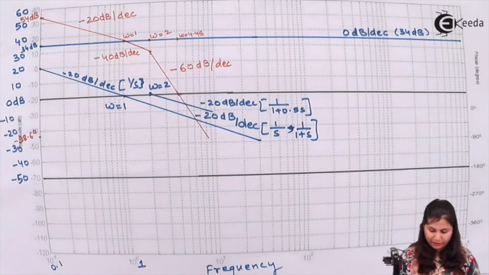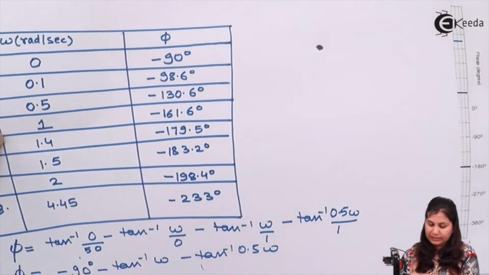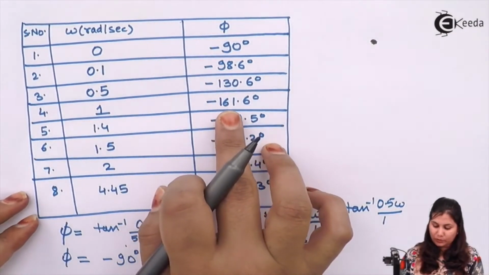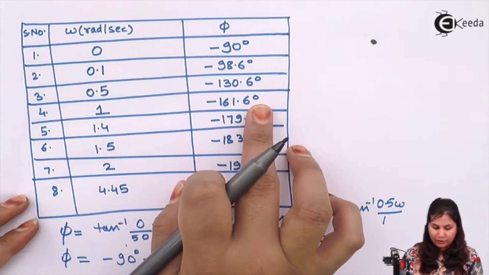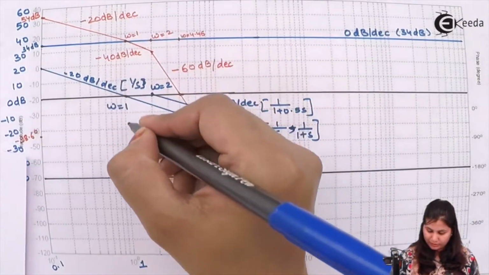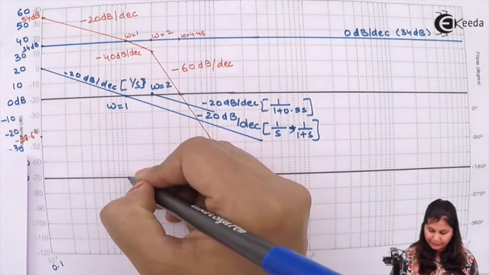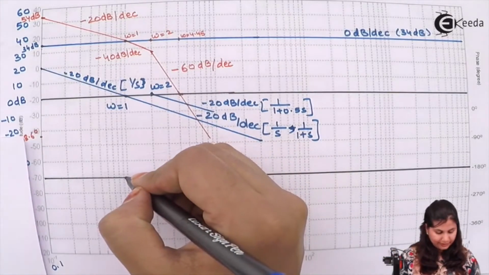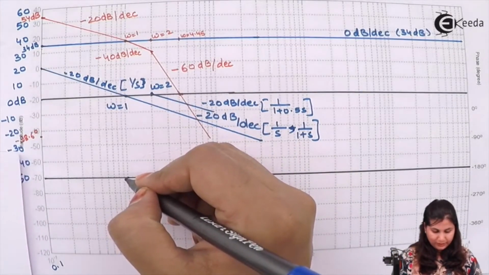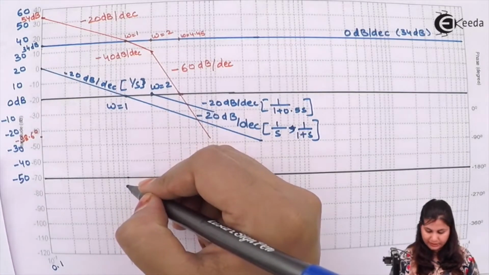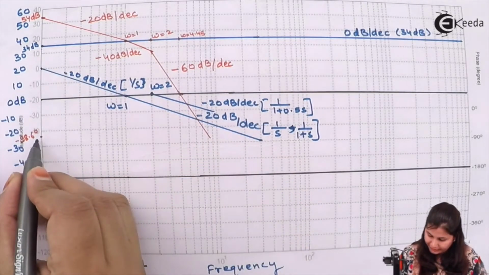So start from here. At omega equals to 1, the phase angle is minus 161.6 degrees. This is the omega equals to 1 line, and at this the phase angle is minus 161.6 degrees.